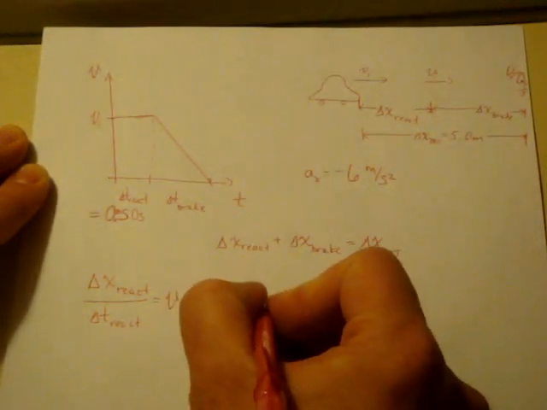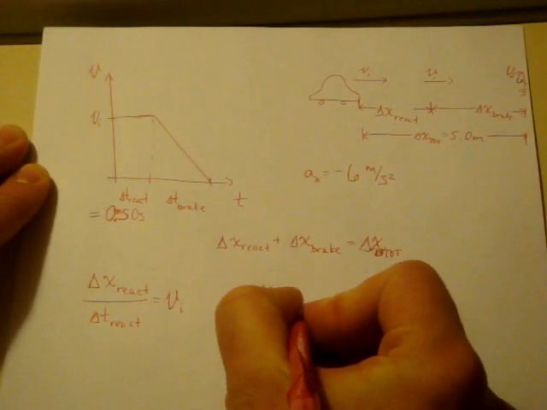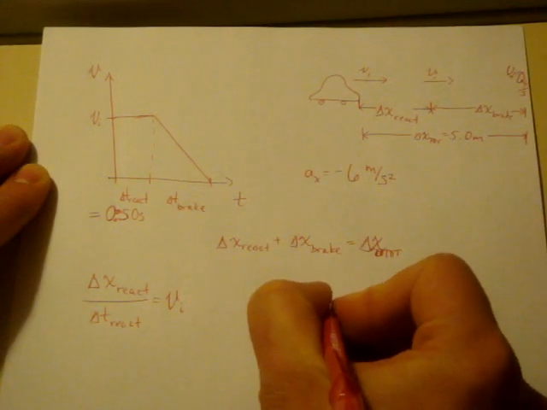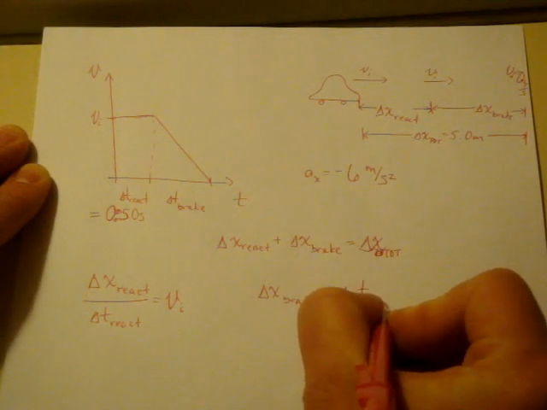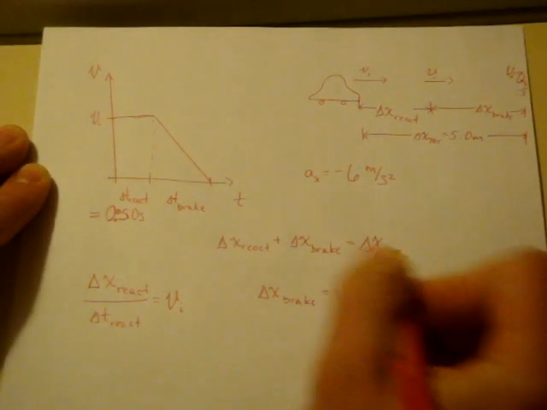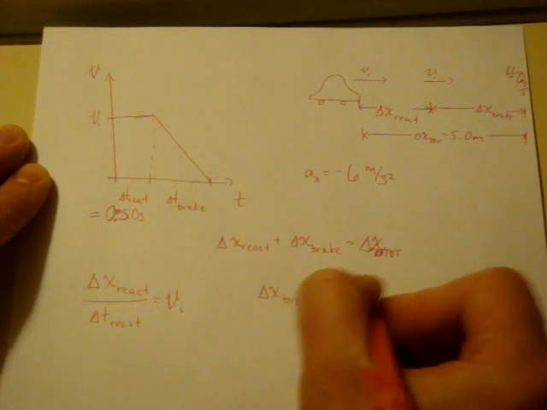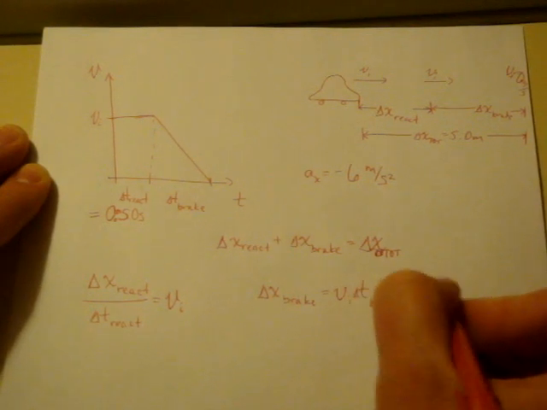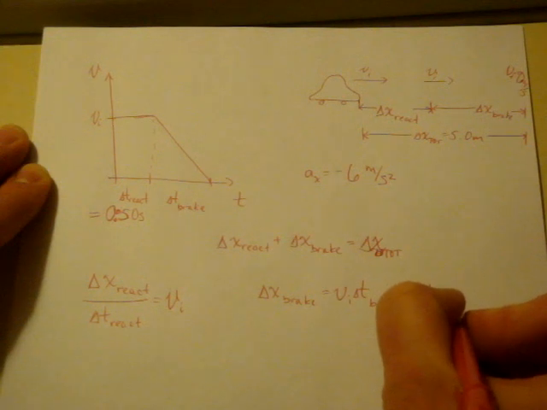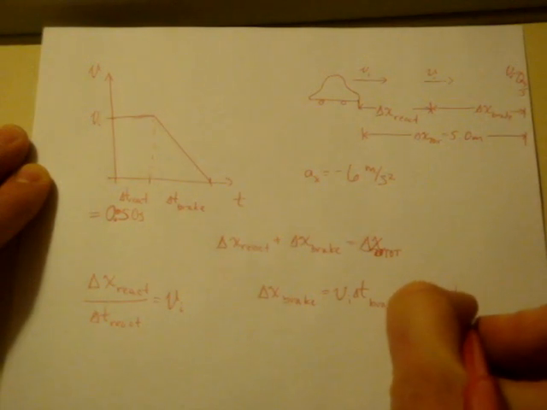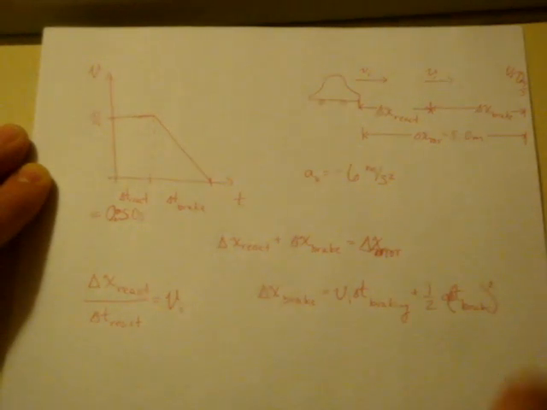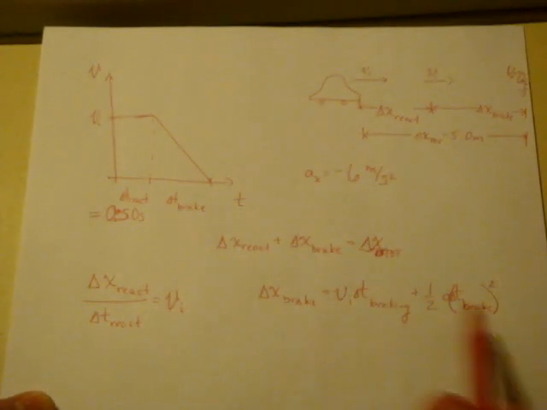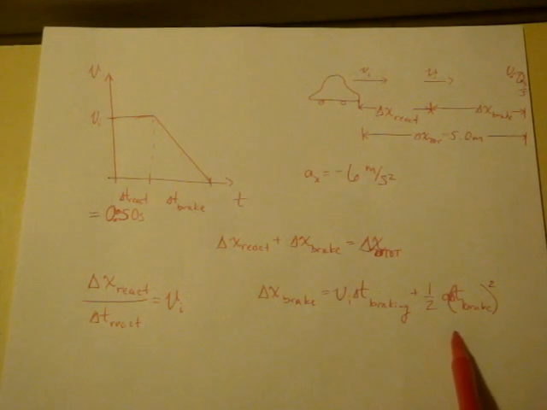Now we could try to use an expression like this: the displacement while braking is equal to the initial velocity times the time of the braking, or delta t if you'd like, plus 1/2 a delta t brake squared. Now we could do that. That's a perfectly reasonable equation, but we're going to come back in the next video and talk about why we might not want to choose that in this situation.